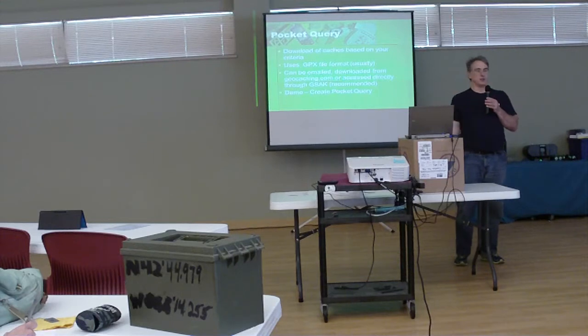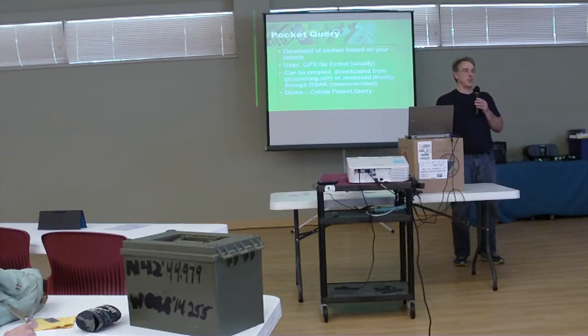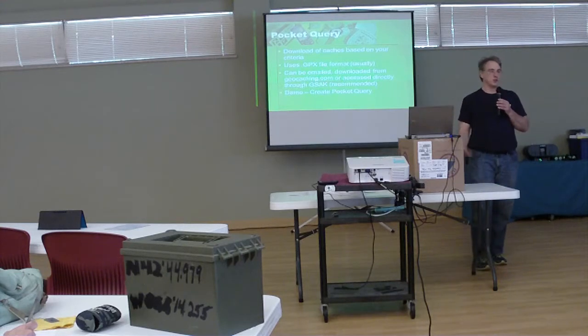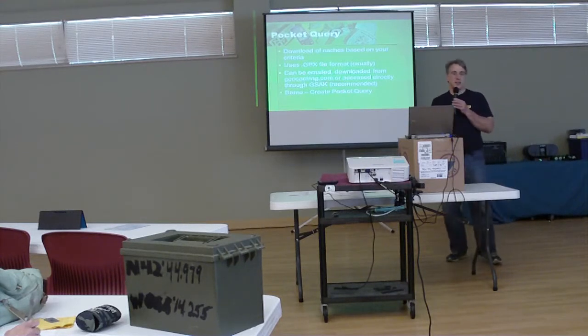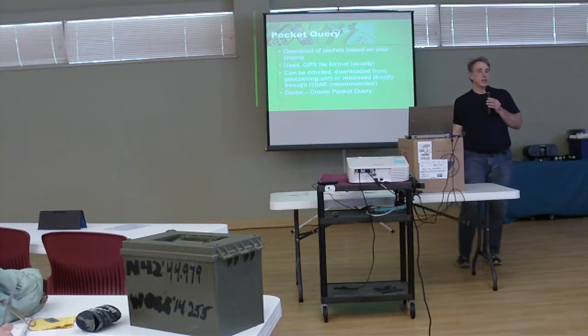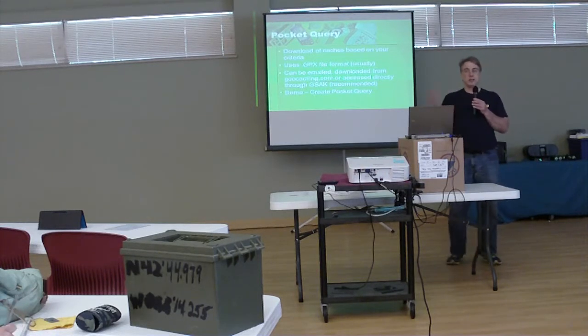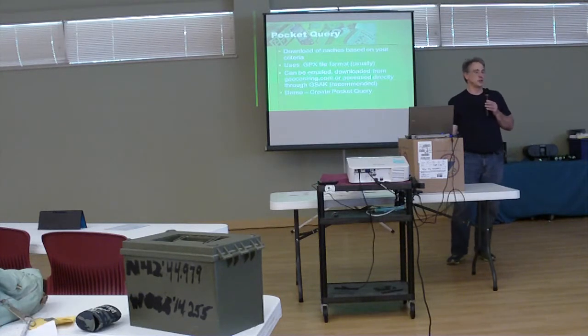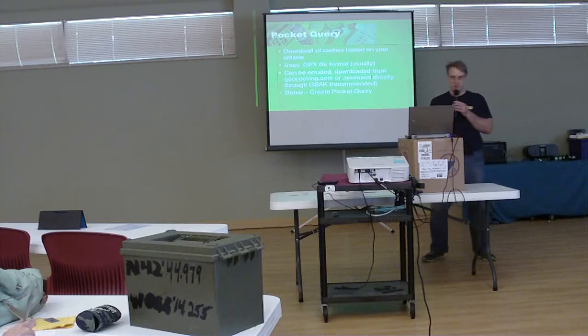I want a 25-mile radius, and I want up to 1,000 caches, and you can specify a bunch of other stuff, which I will show you in just a second. The idea is that you can basically customize what's sent to you. They generate pretty quickly when you make a new one, so you just have to tell it to send it. It will email it to you, and you'll see later with GSAK, you don't actually have to wait for the email. You can just go and get it directly right into the program.